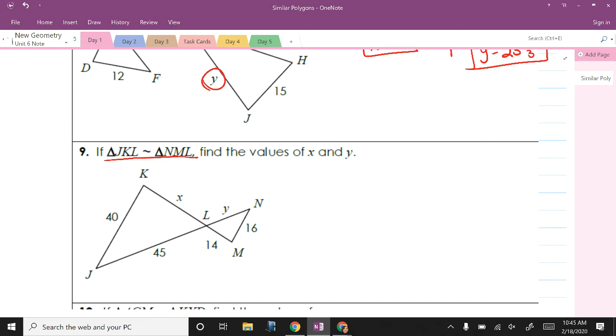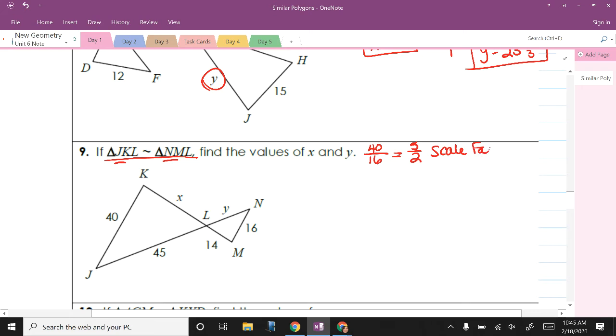What are they? JK and MN. Do I know both of those? Yes. So JK is 40/16. And those are both divisible by 8, right? I'm going to go ahead and reduce that so I don't have such big numbers this time. So what is that, 5/2? So that's the scale factor.